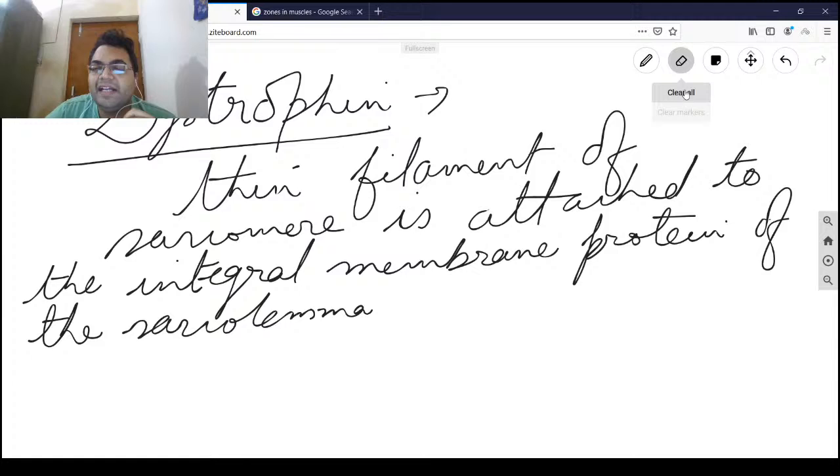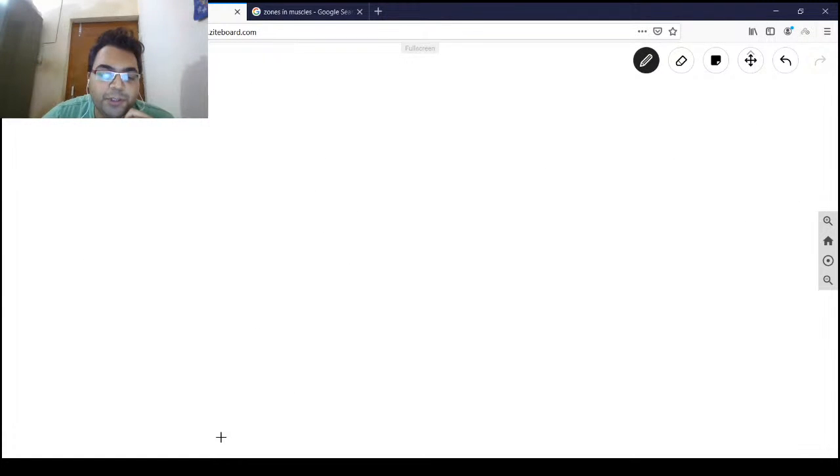Now we'll come to the classification of joints. Joints are classified structurally based on their anatomical characteristics, and functionally, based on the type of movement they permit. The structural classification of joints is based on two criteria only.